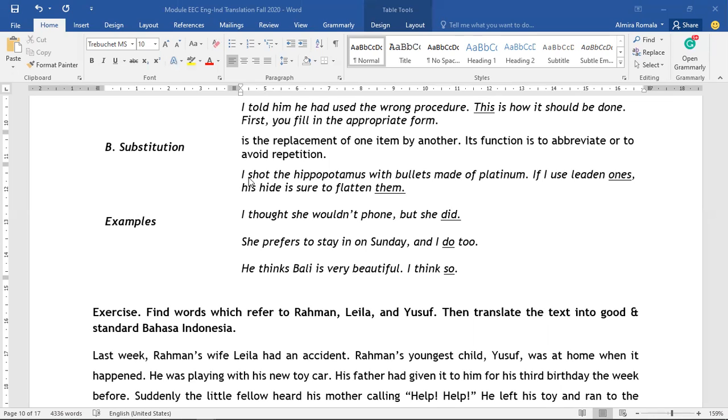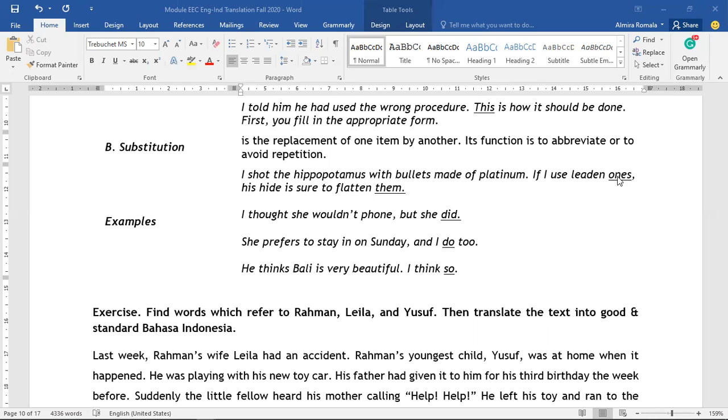The example, guys: "I shot the hippopotamus with bullets made of platinum. If I use leaden ones, its hide is sure to flatten them." Alright, guys, so the substitution is the word "ones."